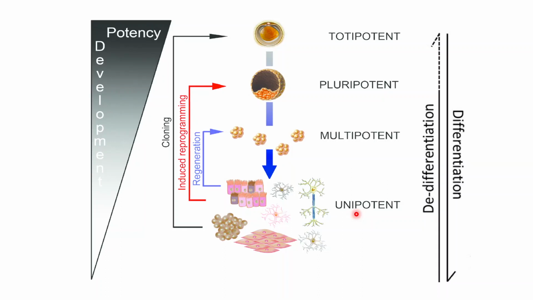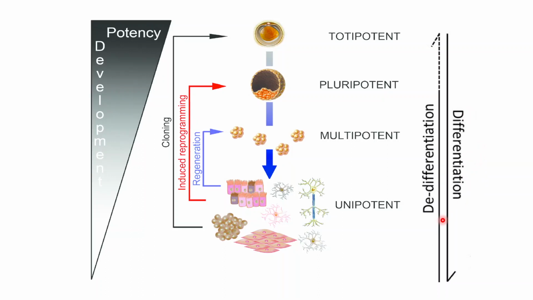So as these stem cells go on proliferating, their potency decreases, and by that we mean that as the cells go on acquiring more and more specialized characters, they become more and more differentiated. Differentiation is basically, as I have already mentioned, the acquisition of more specialized characters. So as the cells become more specialized or differentiated, their potency decreases.